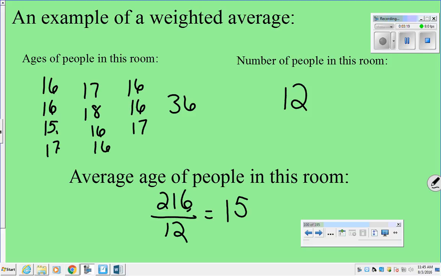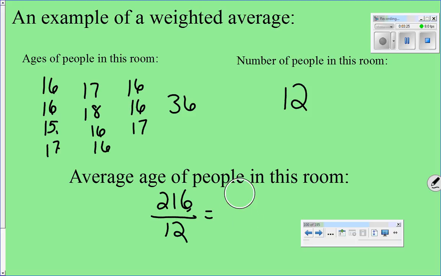Sorry for the pause in the action there. I was forgetting to add in the 36. So if we add this up with the 36 in there, because I am a person in the room, and then I divide by 12, I actually get an average age of 18. Now, this is pulled up a little bit by my age, and this is also pretty representative of, fairly close to how old most of you are.